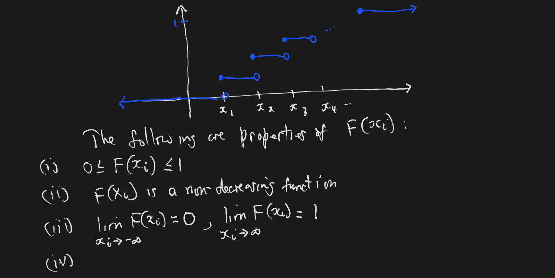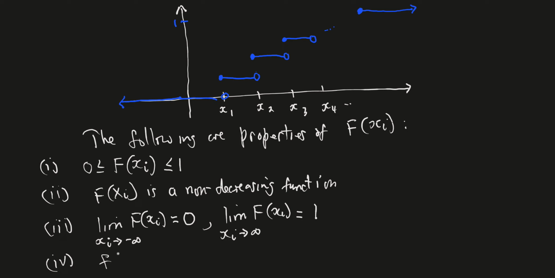So the fourth property is that the PDF can be obtained from the CDF by determining the heights of the jumps, right?